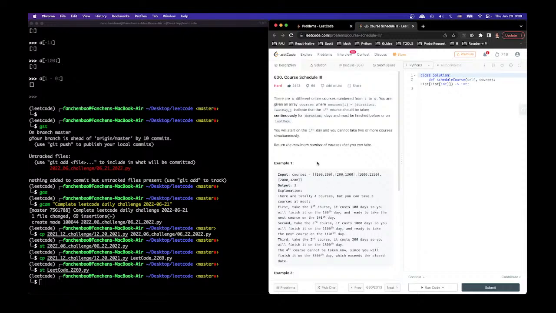Take the first, then we go 100, right? And then if we take the second, then we go 300. And then I can take this, then we go 2300. But we cannot take this. So basically, what we're trying to do is add them up, right?